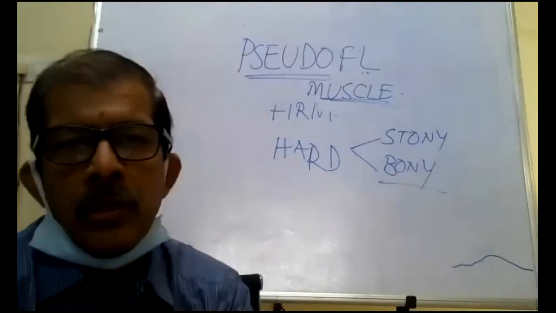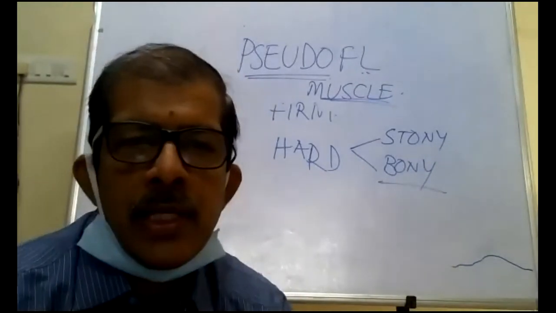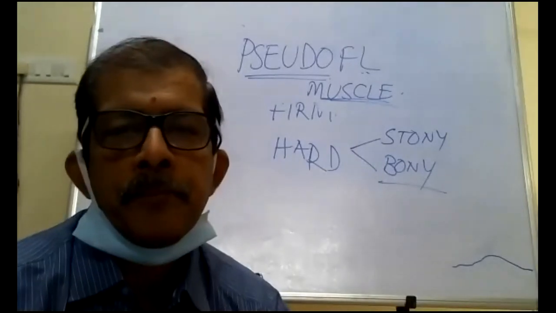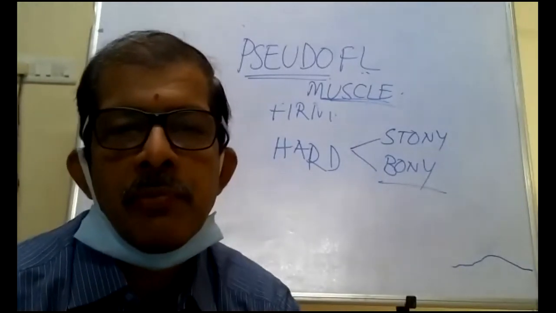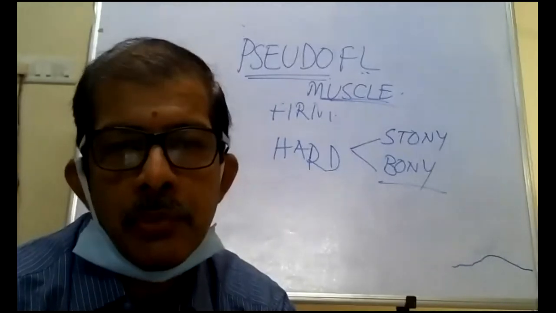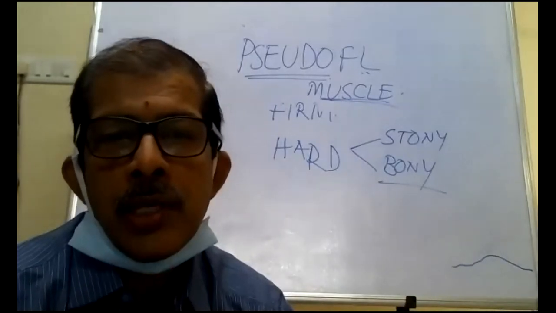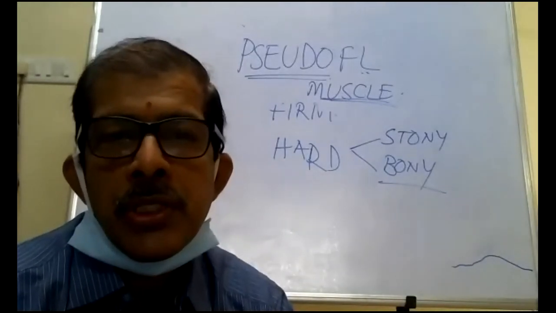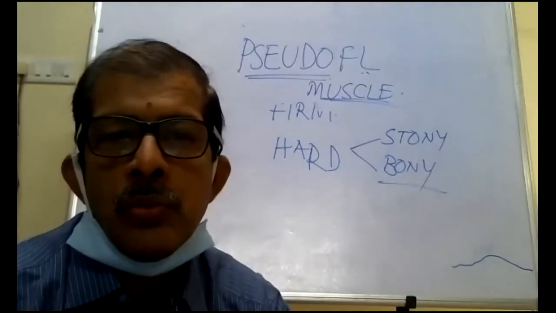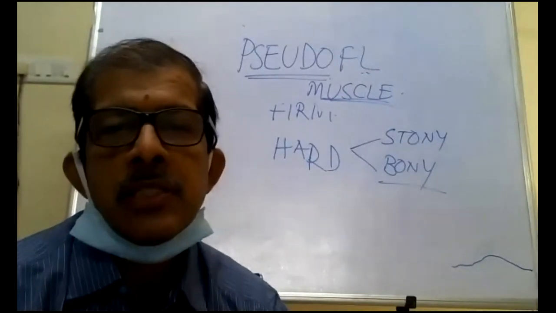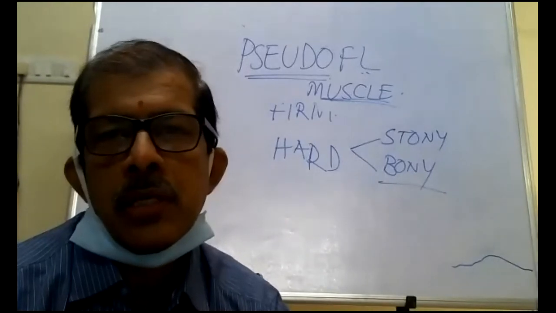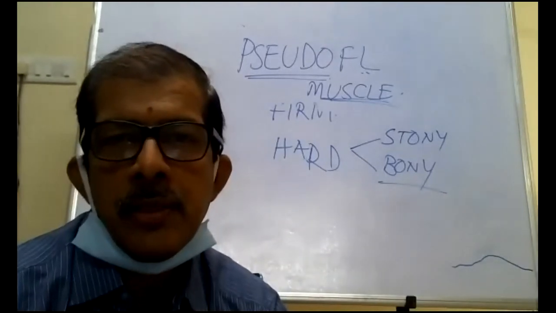That's correct. So if the two cystic swellings are communicating, then only cross fluctuation will be there. Otherwise, it will not be there. So your answer should be fluctuation elicited between two communicating cystic swellings. That's how it is demonstrated.